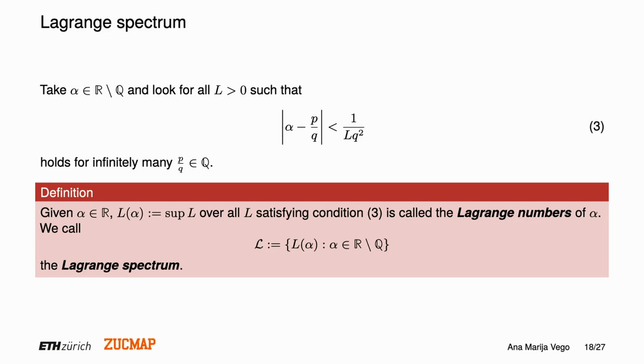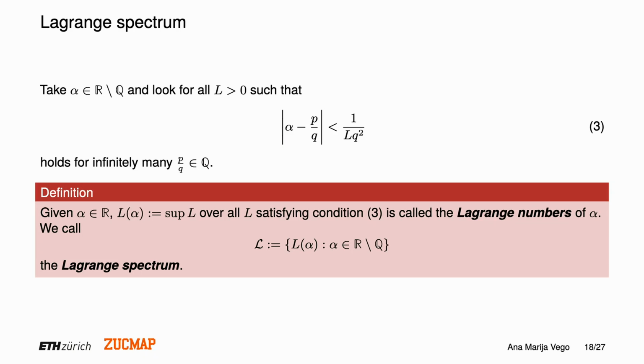And we again consider the problem we had been thinking about before. Namely, if we take an irrational number alpha, we're looking for all positive real numbers L such that the absolute value of alpha minus p over q is bounded from above by 1 over L times q squared for infinitely many fractions.